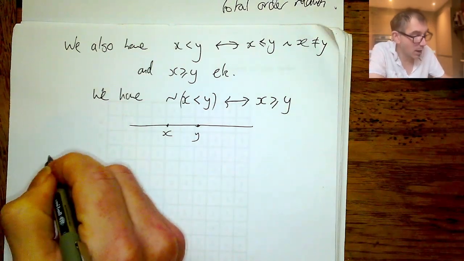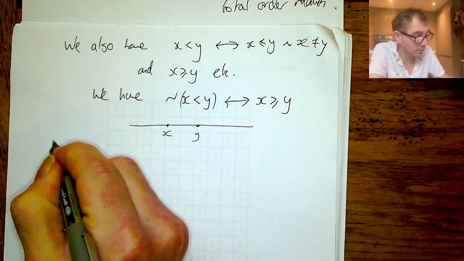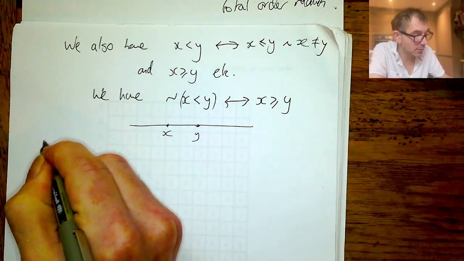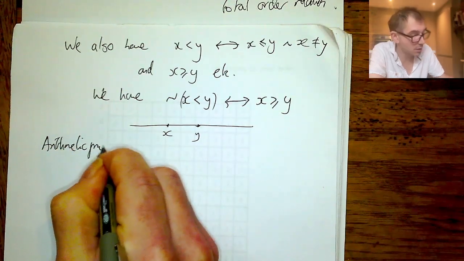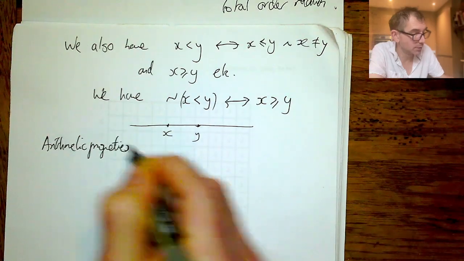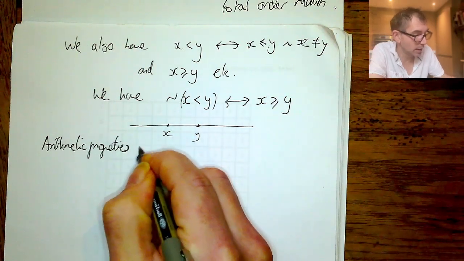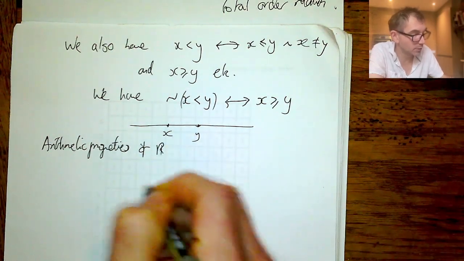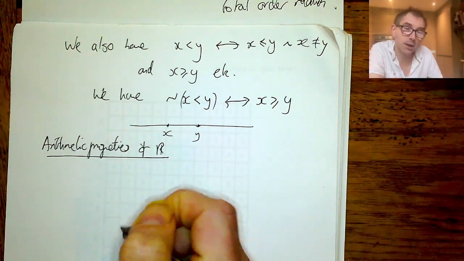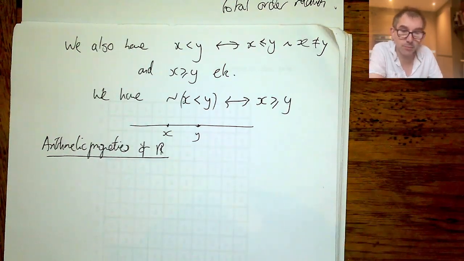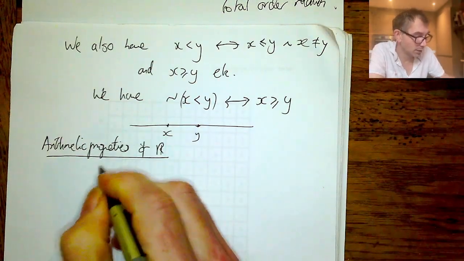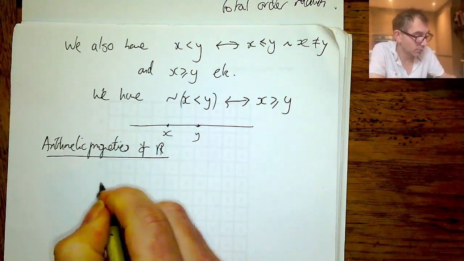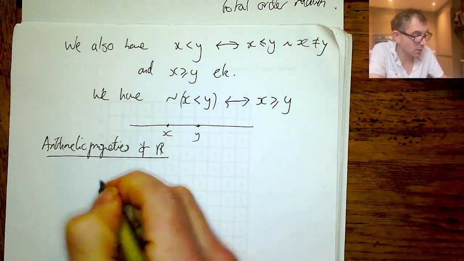Okay. The other thing we want to say is about the arithmetic properties. So these are going to be useful for us as well. Arithmetic properties of the reals. And that just means addition and multiplication and the properties that they have. These are actually the properties of being a field.